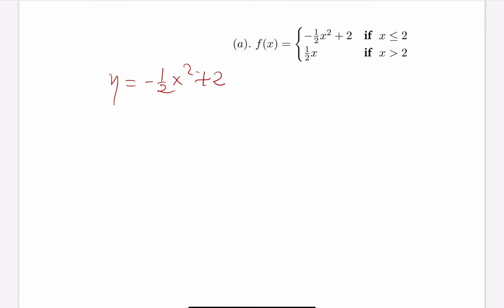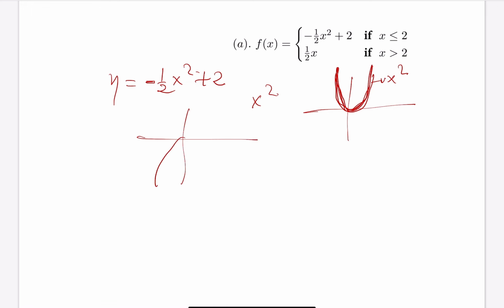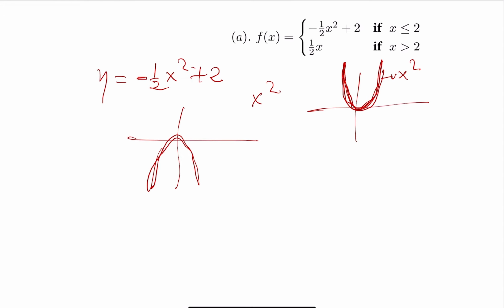Now remember, if you have to graph x squared, it is a parabola, it will look like this. With the negative sign, you have to flip it downward, and the 1/2 makes it a little bit smaller.